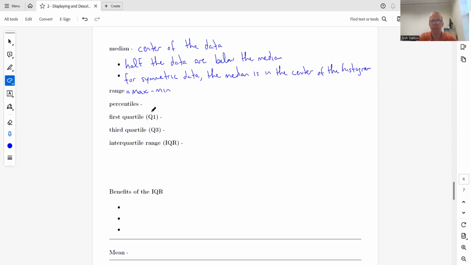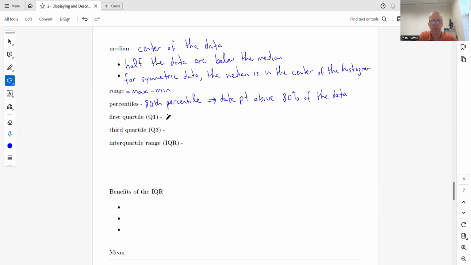If you're in the 80th percentile, that is the data point that is above 80% of the data, or in the test score case, the rest of the students who took the test. So the higher the percentile, the higher on the scale of data you would be.